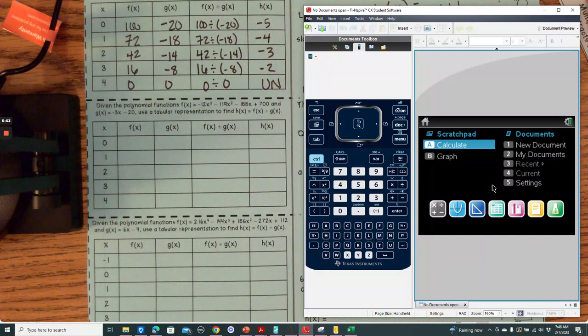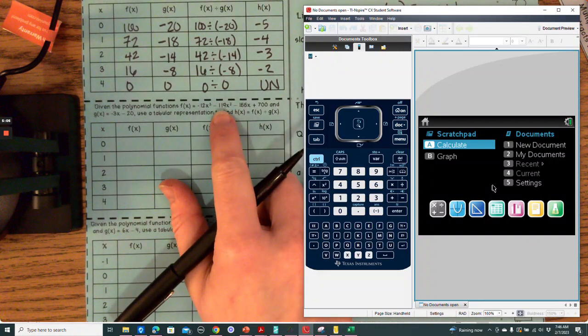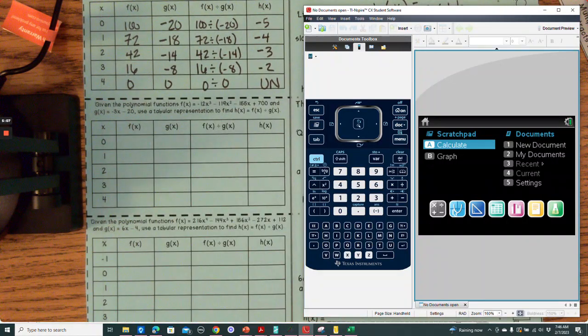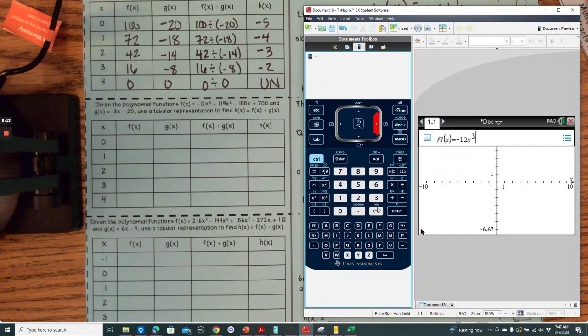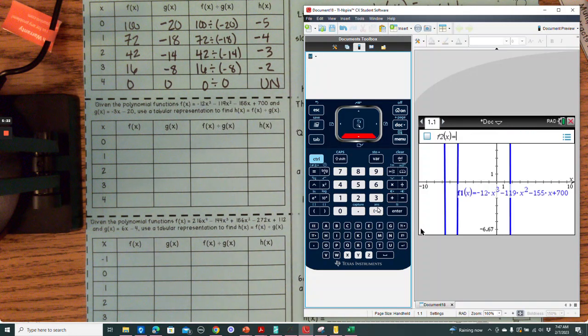So we're going to do the same thing now. We're dividing a cubic by a linear. So I'm going to do the same thing, and I'm going to graph both of them. So negative 12x cubed minus 119x squared minus 155x plus 700. And then my linear is negative 3x minus 20.